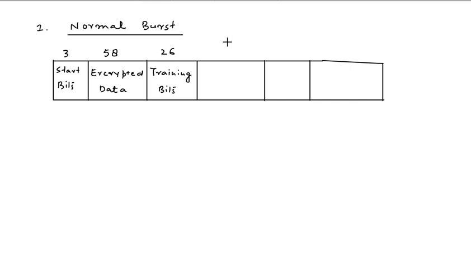Then we have fourth field, again it is of 58 bits and this is again your user information or the encrypted data. After this you have another field that is of 3 bits and this is called as stop bits. And the last one is your field which is of 8.25 bits and this is called as guard period.